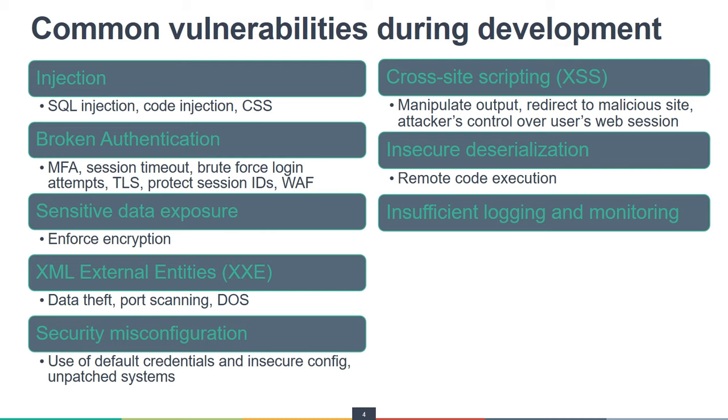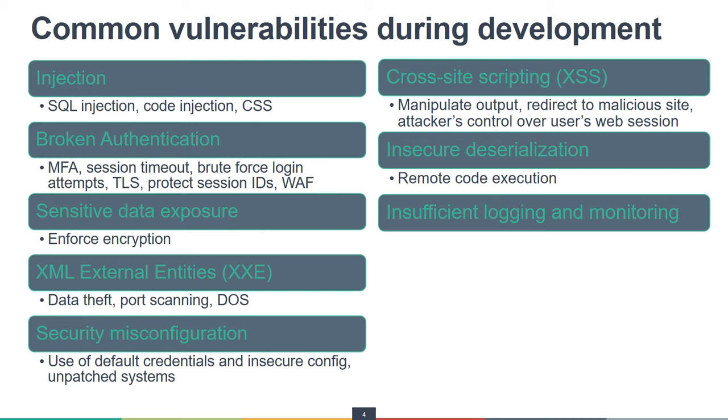Insecure deserialization. The impact is remote code execution due to this vulnerability. Basically, serialization is the process of breaking down an object into a stream of zeros and ones, while deserialization is the inverse operation of reconstructing the object.